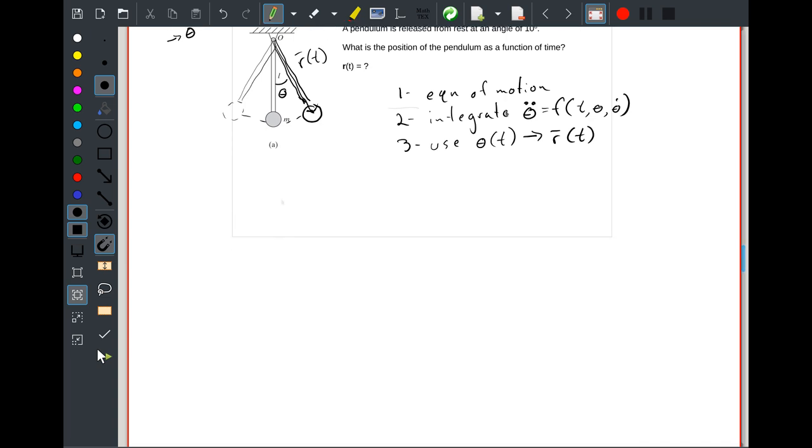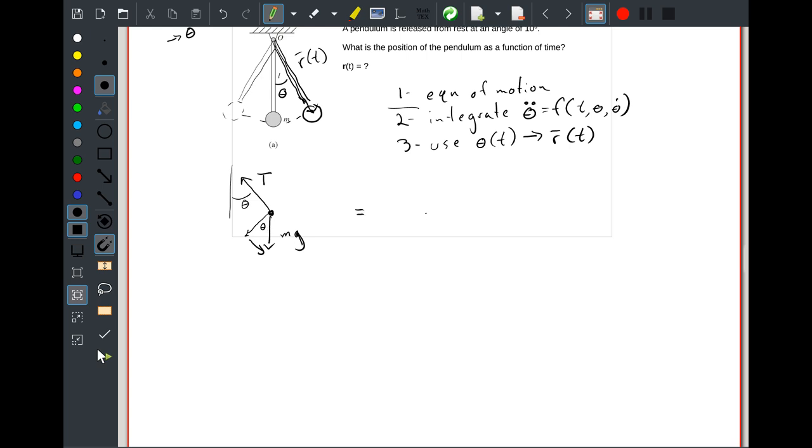So to get the equation of motion in this first step, I'll draw a free body diagram with the weight of the object. There's going to be some tension pulling on the object like this, and this is the angle theta like that. And I could also draw 2 components of the weight with an angle between them like that.